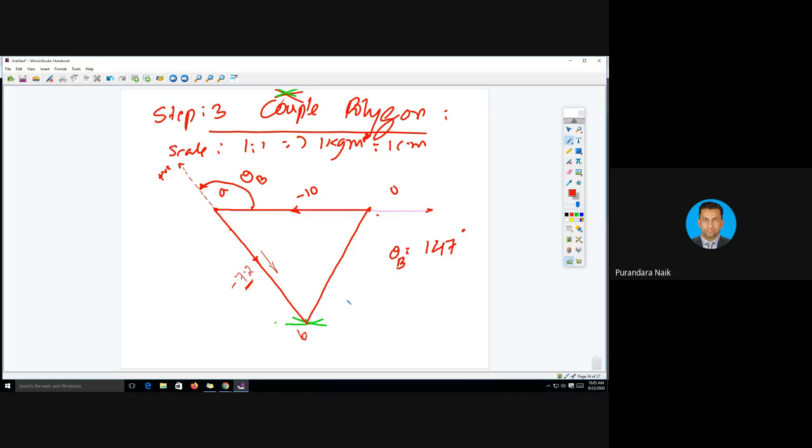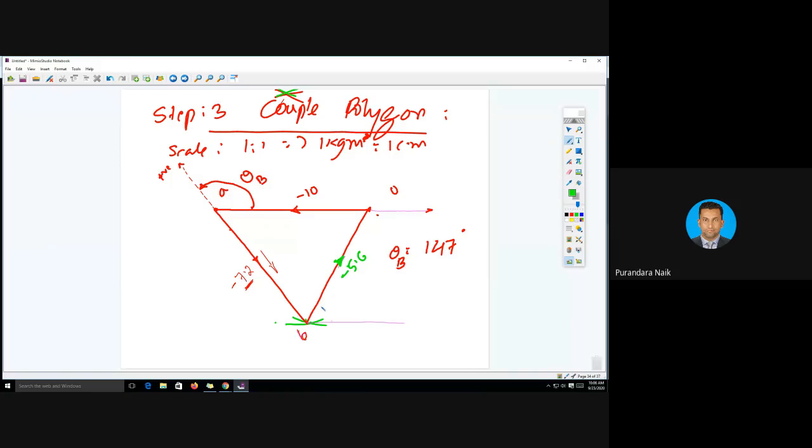Then the next angle is this. This is the reference line and the point is here. You need to measure the angle. This is the length, right, what we have marked. This is 5.6 minus 5.6.